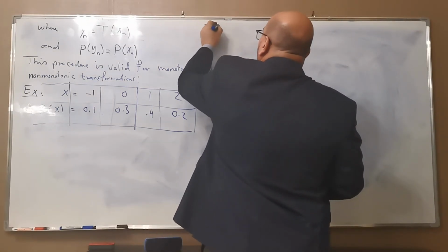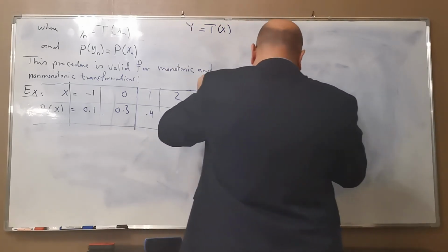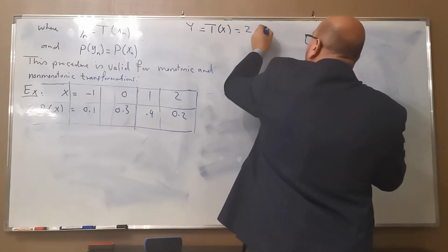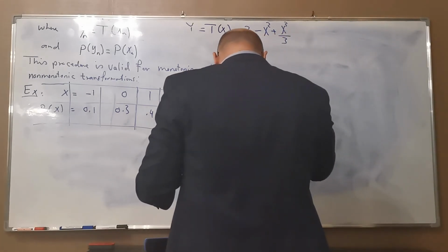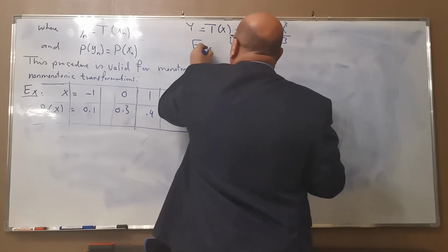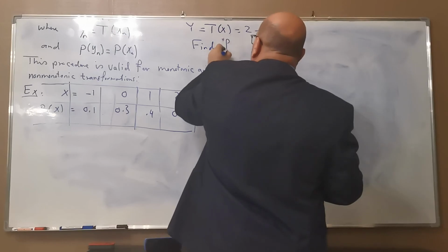So T of x, y, is equal to 2 minus x squared plus x cubed over 3. We need here to find the density function, fy of y.